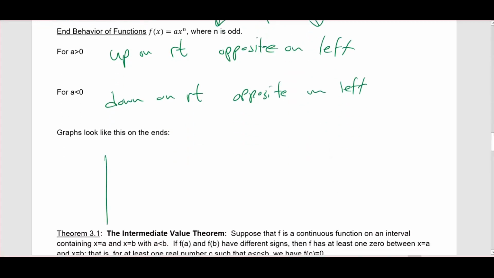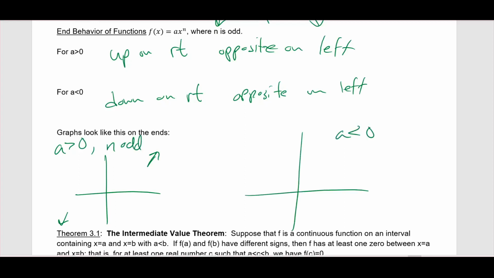So our graphs are going to look like this: up on the right, down on the left. This is where a is bigger than 0 and n is odd. And if a is less than 0 and n is odd, then it's going to do the opposite. So it's going to go down on the right, up on the left.